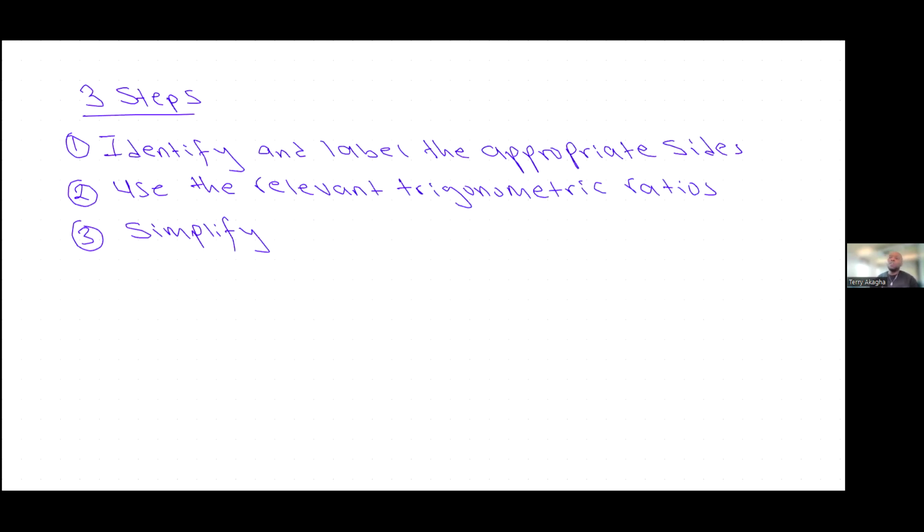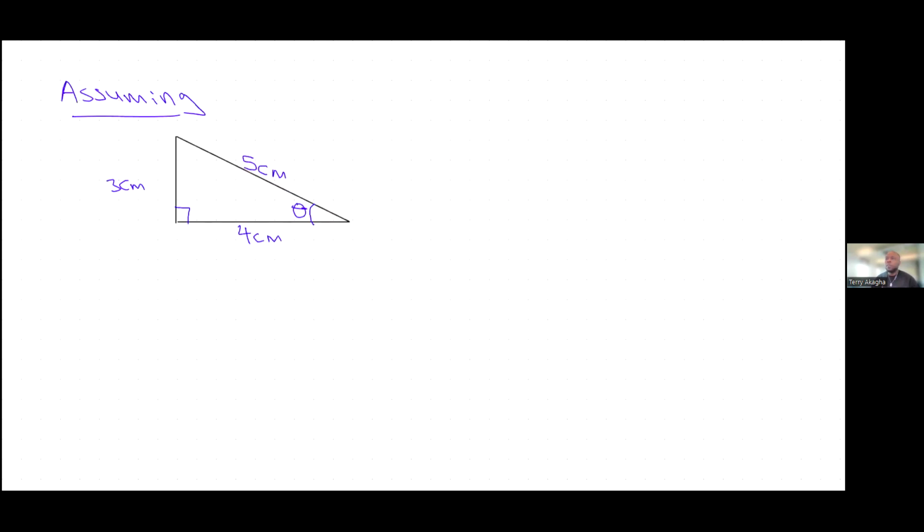You know that this is a right angle triangle, and this is the angle here. So that means this 5 is going to be the hypotenuse.